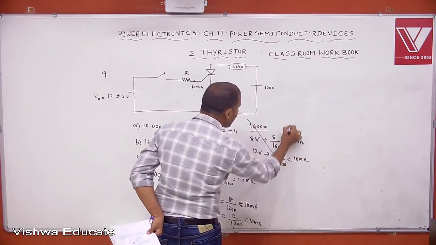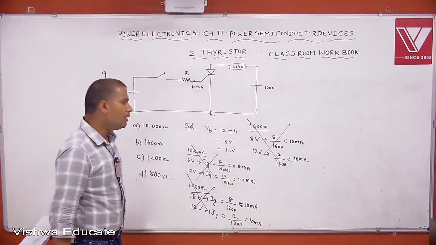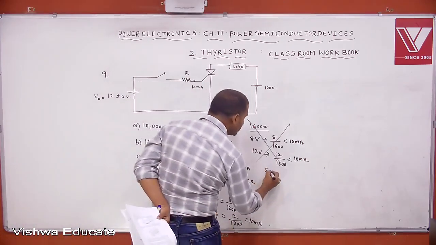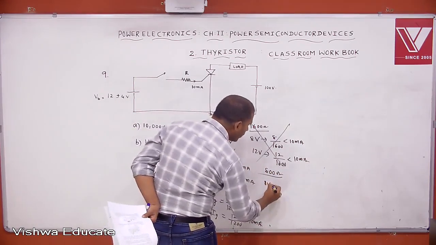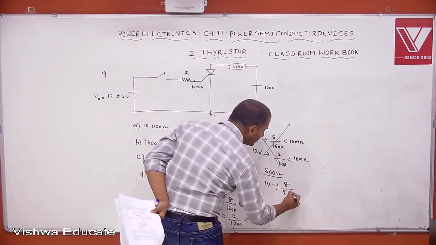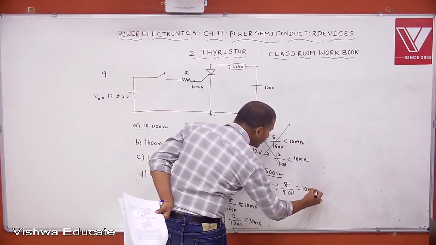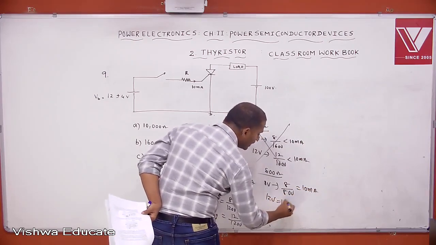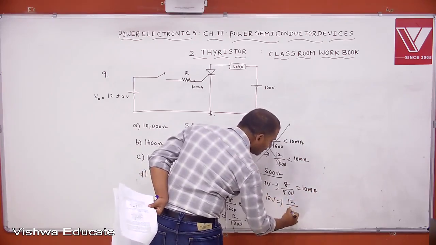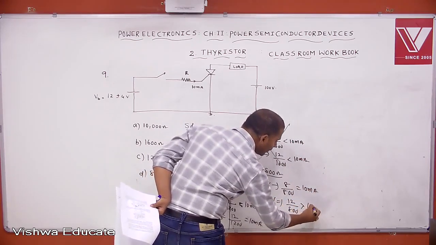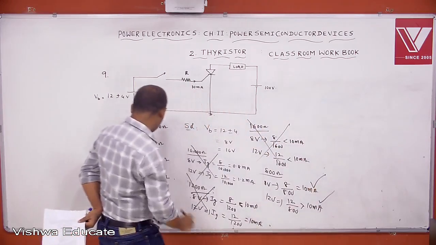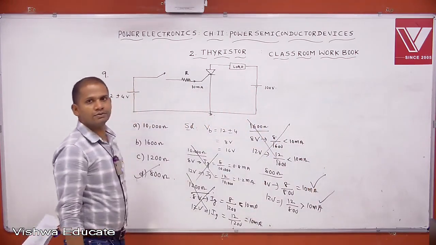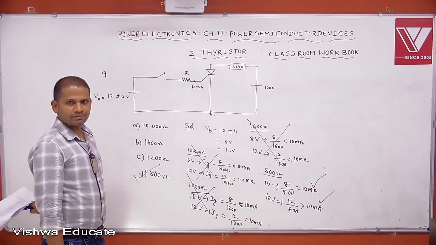So this is not the right combination either. Then take 800 ohms. For 8 volts, 8 by 800 gives 10 milliampere. For 12 volts, 12 by 800 is greater than 10 milliampere. This is the important one. So the best option is 800 ohms. That is one way to answer.